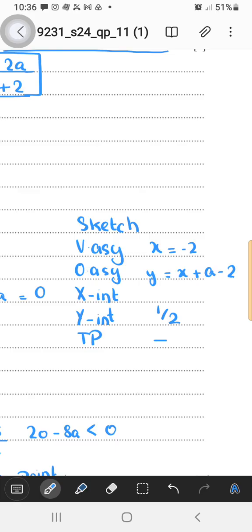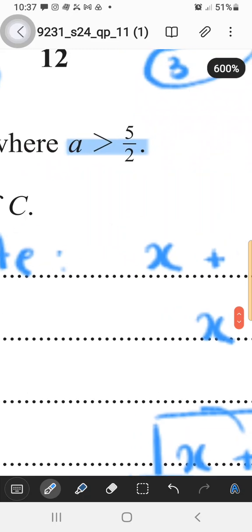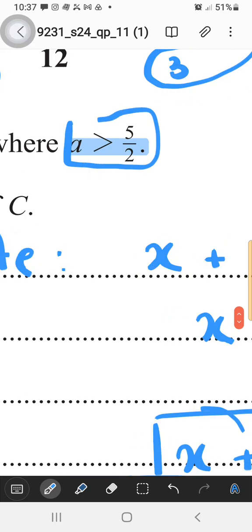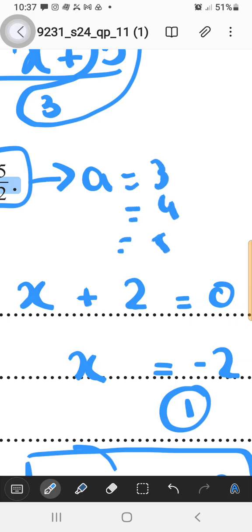One thing is remaining, x-intercept. And there is one more question which students usually ask: how will we sketch the oblique asymptote as we don't know a? That's a good question, and I have a solution for this. As the question says a is greater than 5 upon 2, we can assume a equal to 3, a equal to 4, a equal to 5, any number.